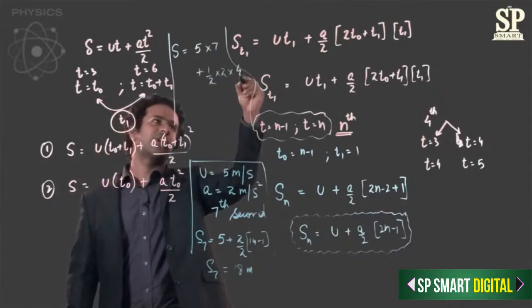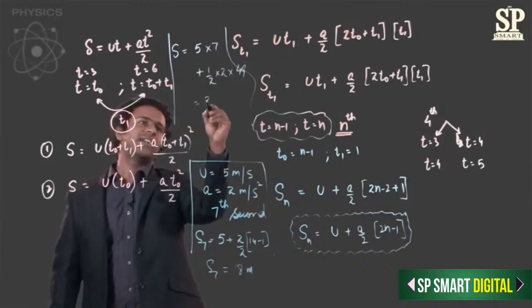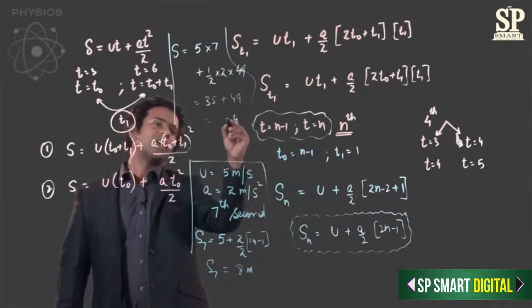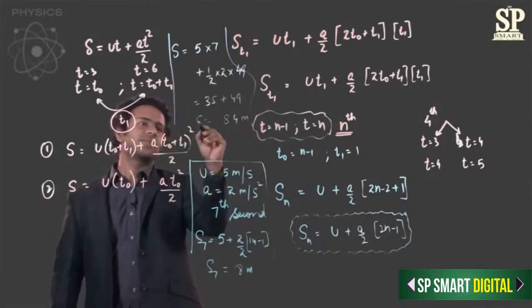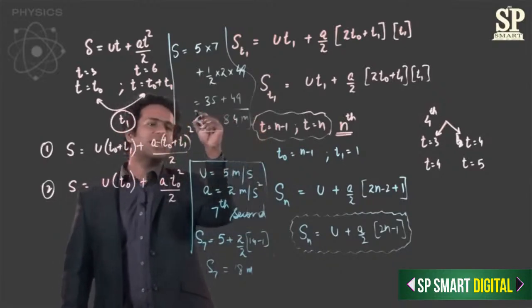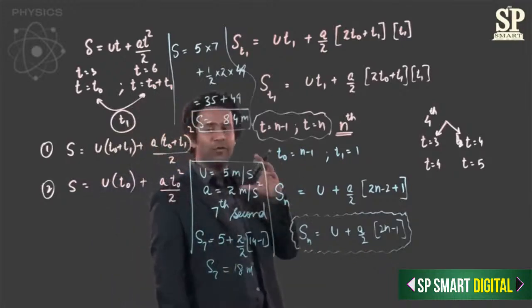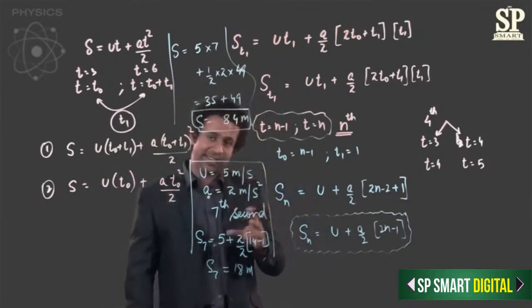So 7 square is 49. So we get 35 plus 49, which is 84 meters. So the particle undergoes a total displacement of 84 meters in the first 7 seconds.